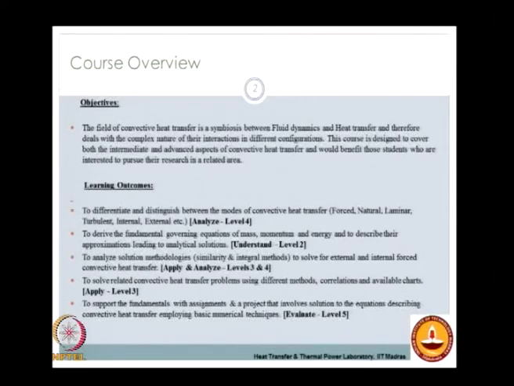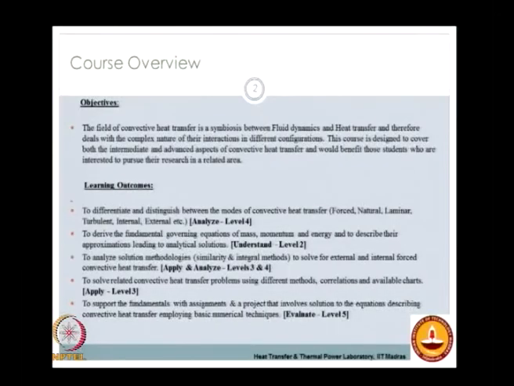So in that you will be given a computer based assignment, and also some of your regular assignments will involve numerical solution to some of the equations, the ordinary differential equations that you will be solving, and by applying these numerical techniques you will be able to evaluate your understanding as far as this course is concerned.